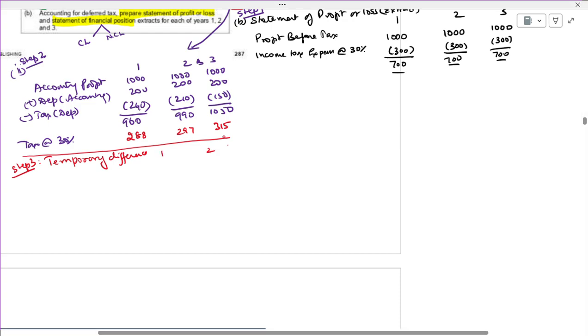How much is the carrying amount? What is the value of the asset? Asset value minus depreciation: 600 minus 200, 400 minus 200.